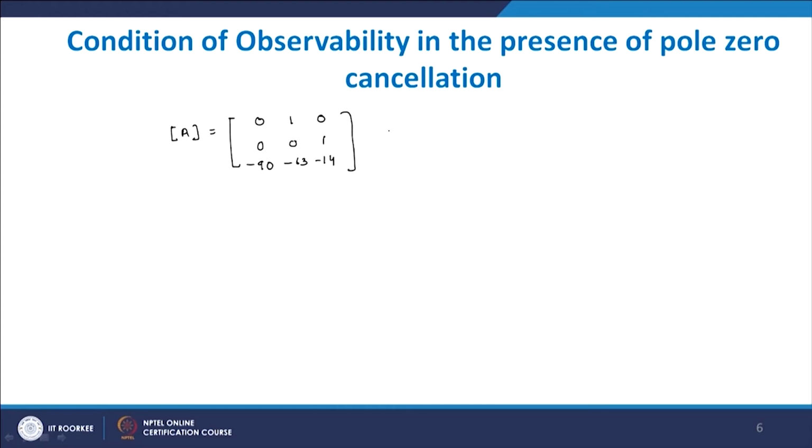This is the A matrix. Now we write the B matrix as [0; 0; 1] and the C matrix as [12, 7, 1]. So the state space model involves A, B and C, and we have written A, B and C.